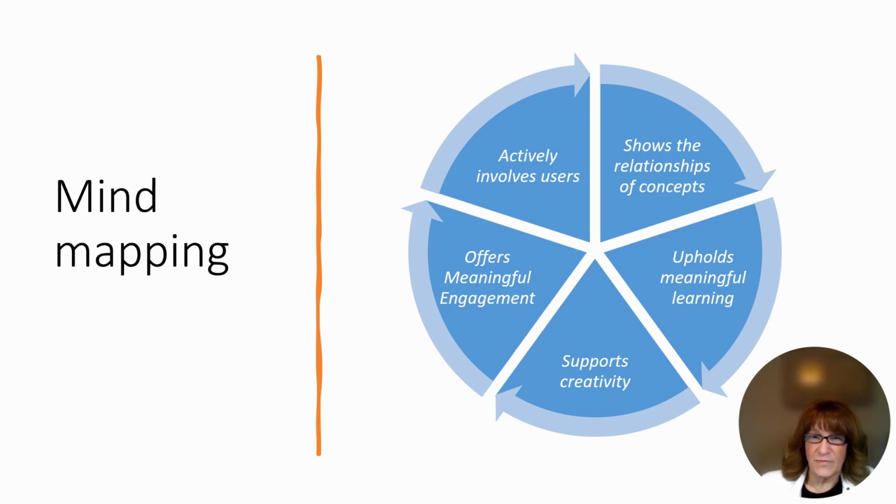And all students and all people who work on this mind mapping offer their own idea on the same topic, and they share ideas on the same topic. So they have an engagement, and also they actively work on the same idea. And that is a way of collaboration, and on the other hand a way of creativity.